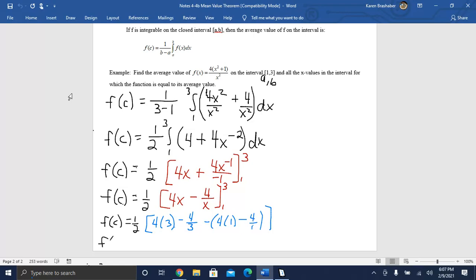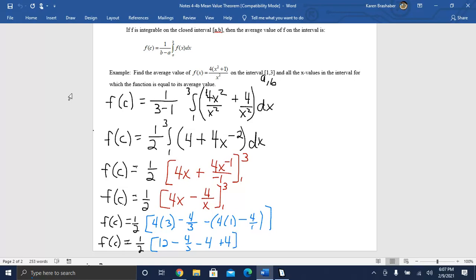So f of c will equal 1/2, and then I just need to combine some numbers here. So I've got 12 minus 4/3 minus 4 plus 4.